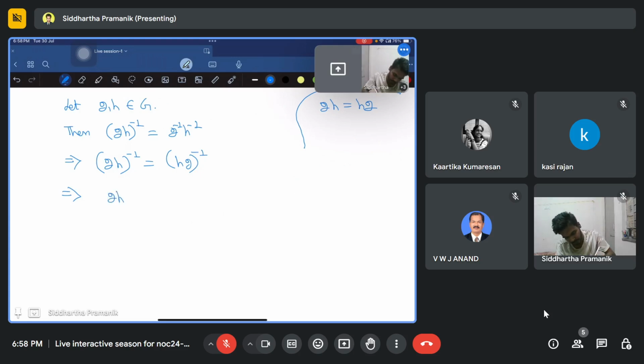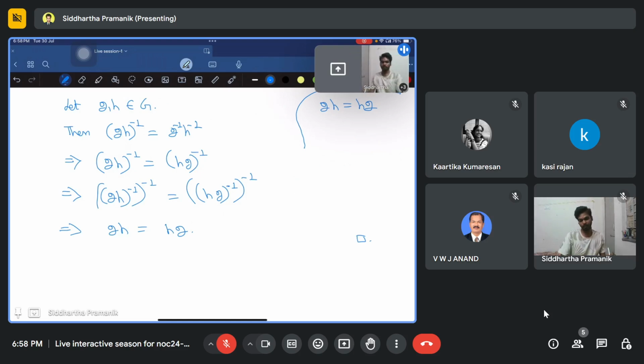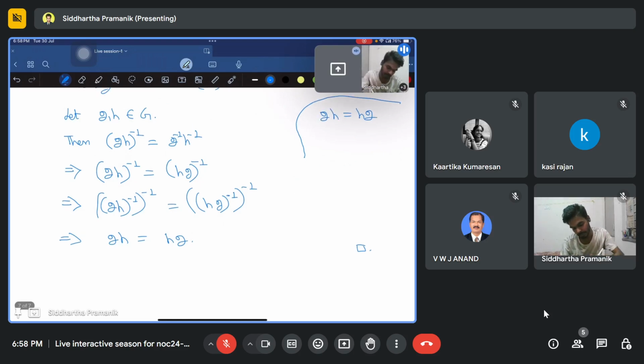So let's take that, inverse of (gh) inverse should be the same as inverse of (hg) inverse, and both sides give our desired result. And we have taken g, h arbitrary elements.